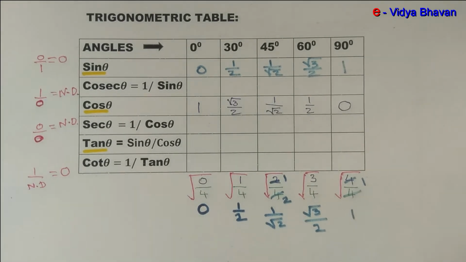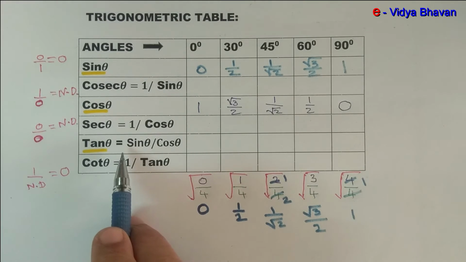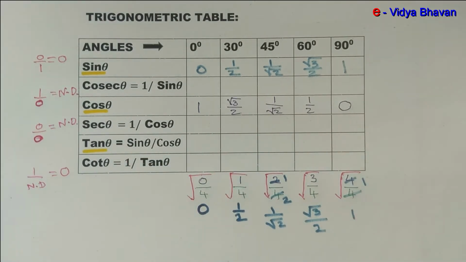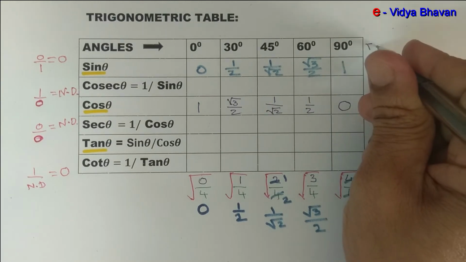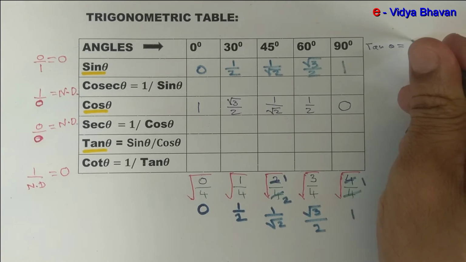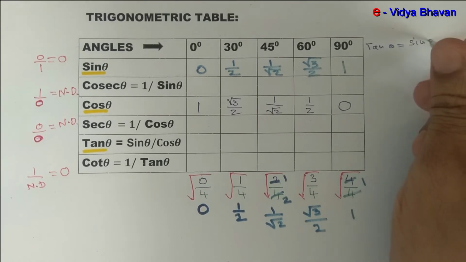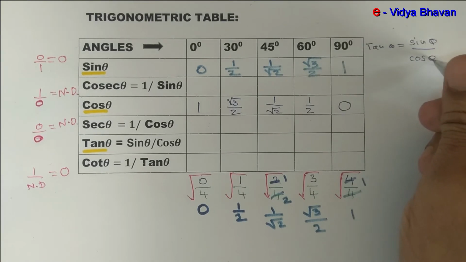Now, let's find out tan theta. Tan theta we know is equal to sin theta upon cos theta.